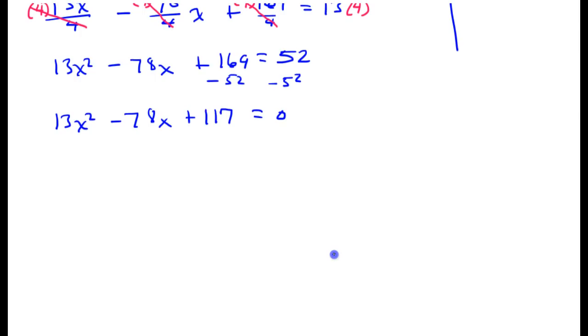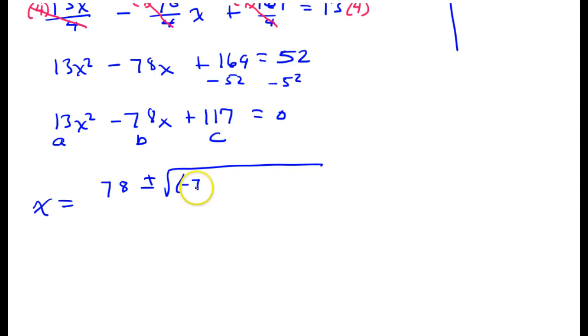Now, for all I know, this is factorable, but these numbers are sufficiently ugly that I would rather use the quadratic formula. So, understanding that this is A, this is B, and this is C, the quadratic formula says that x will equal the opposite of B. So that's going to be 78 plus or minus the square root of b squared minus 4ac.